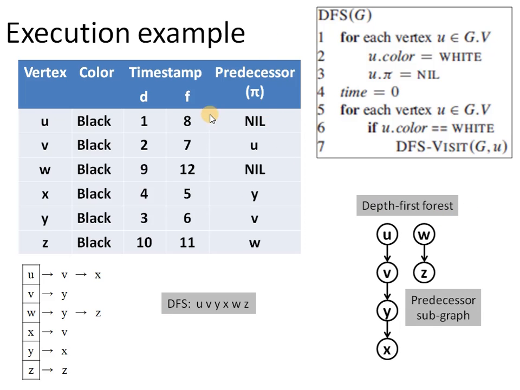Here, the first sequence which we have followed was: we started with U, then we went to V, from V we visited Y and from Y we visited X. So this is the first sequence, and another sequence was: we started with W and from W we went to Z. So this is another tree. Since it is not a tree having a single root, we actually have two depth first trees, and the complete diagram is known as the depth first forest.